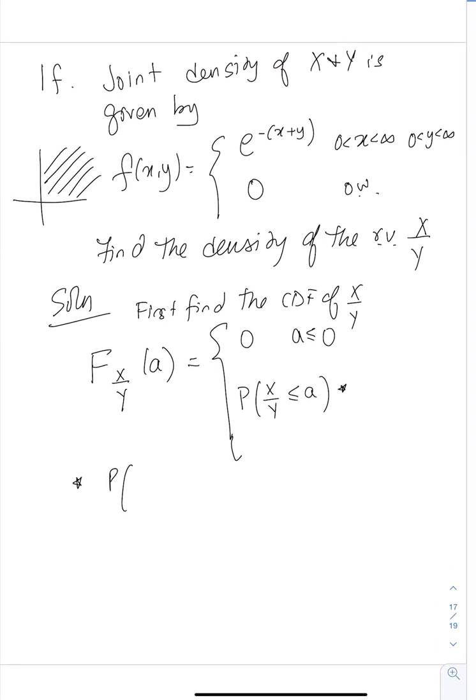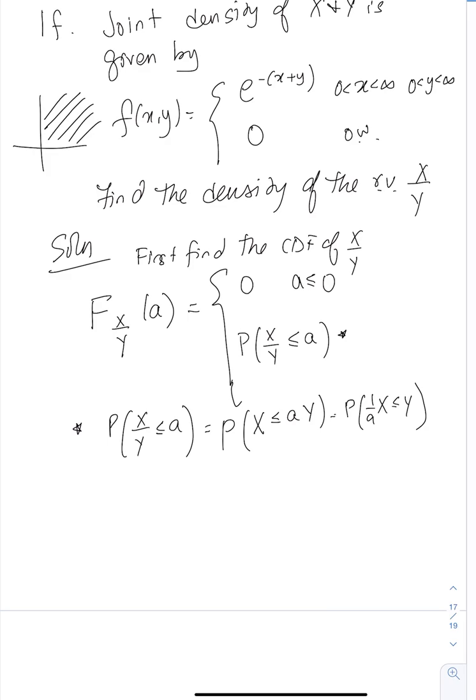You want the probability x over y less than or equal to a. That is the probability of x less than or equal to ay, or the probability of 1 over a times x less than or equal to y, whichever way you want to write it, that's fine.